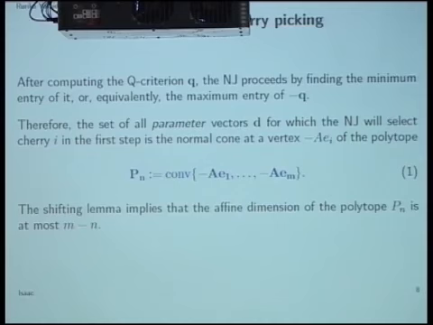And by the shifting lemma, this is not full dimensional, so the affine dimension of this polytope is at most m minus n. Okay, is it clear? Okay.